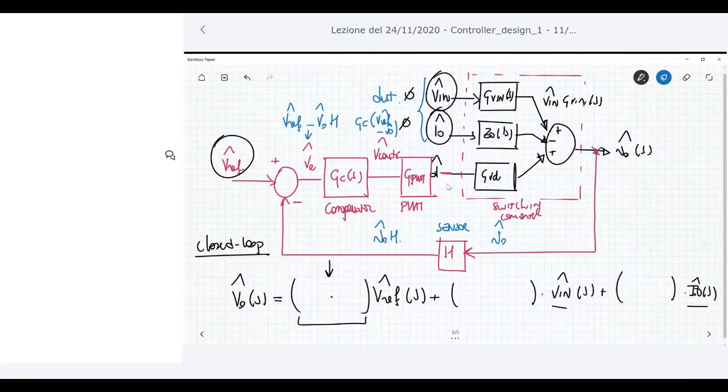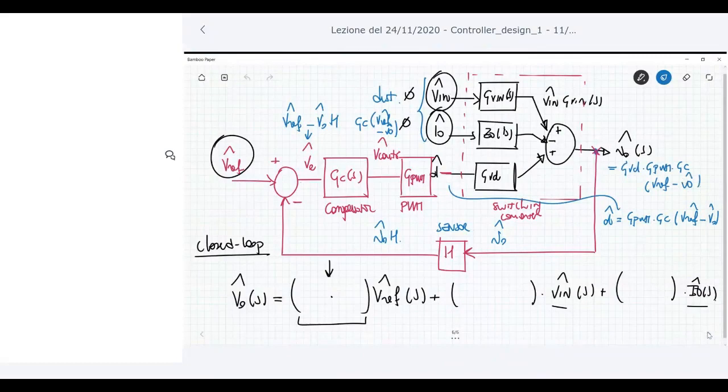And then you have the duty cycle, which is G pulse width modulation, GC multiplied by Vref minus Vo. And then you have Vo, and Vo is equal to GVD multiplied by GPWM multiplied by GC multiplied by Vref minus Vo.